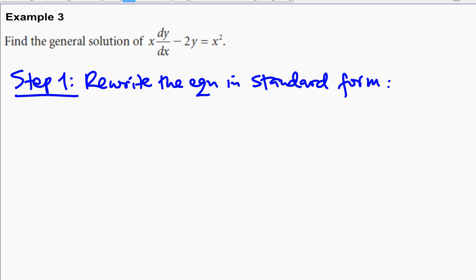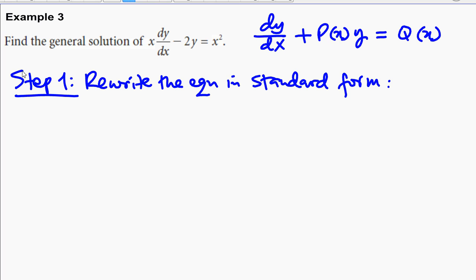What I mean by standard form is you need to have it in this form: dy/dx plus p(x) y is equal to q(x). So this is the standard form.